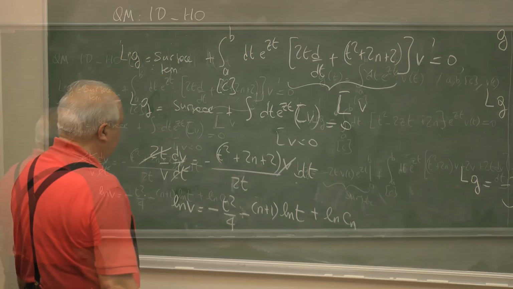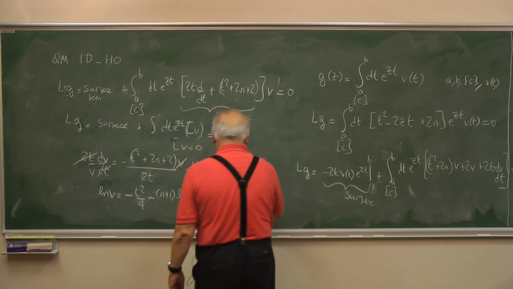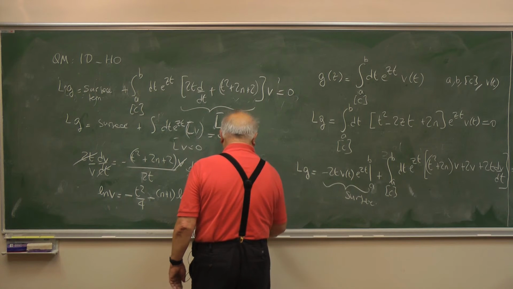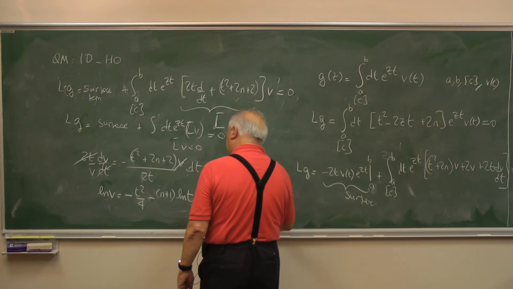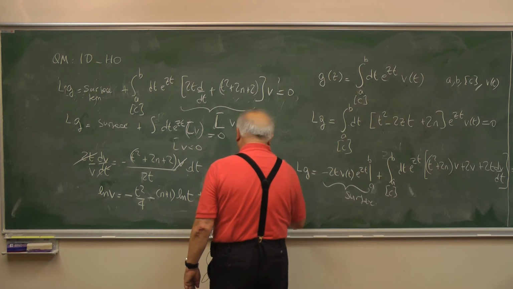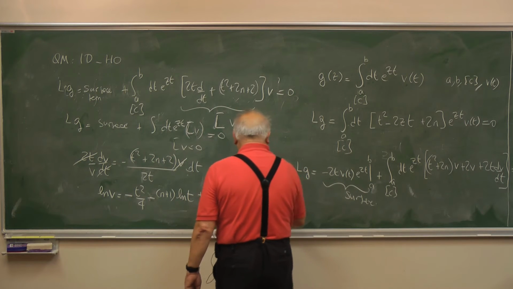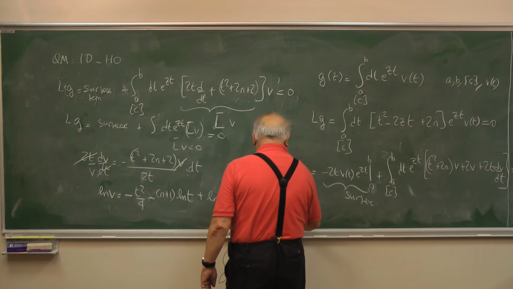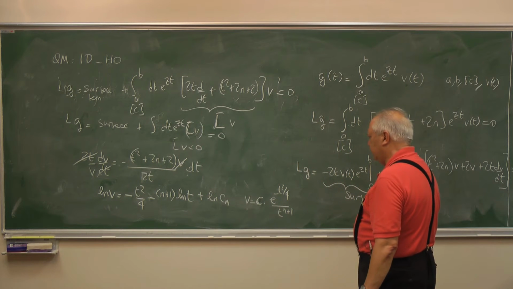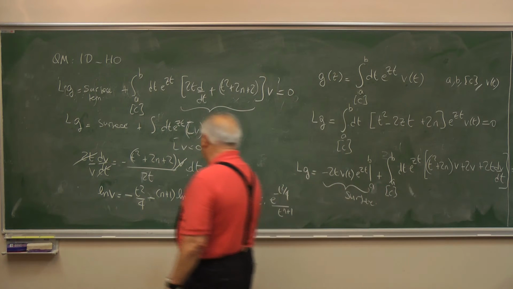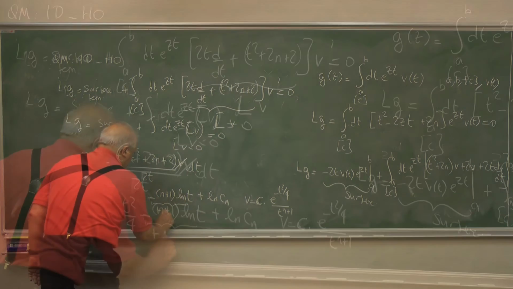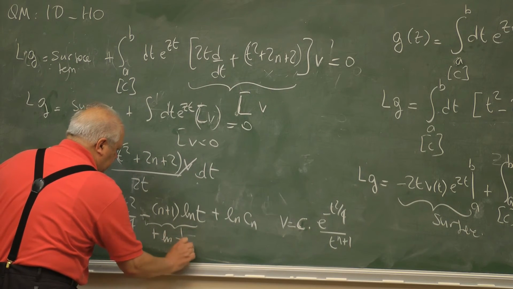If we exponentiate, v is equal to some constant times e^{−t²/4} divided by t^{n+1}, because this is plus log 1 over t^{n+1}.